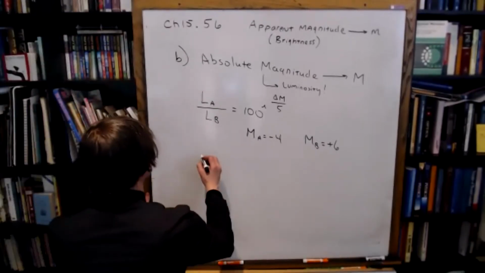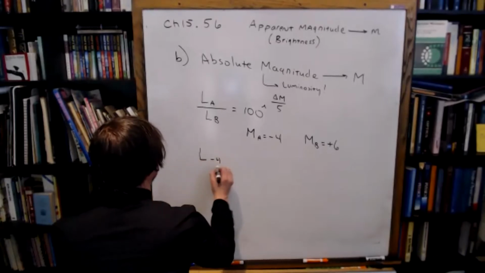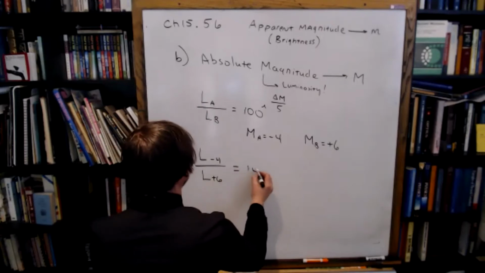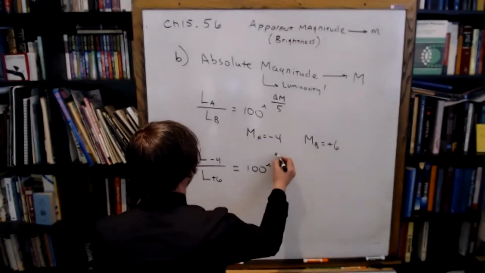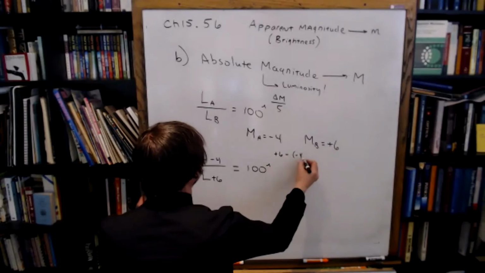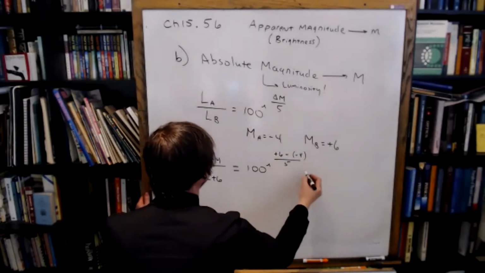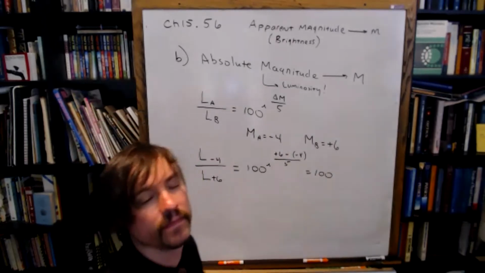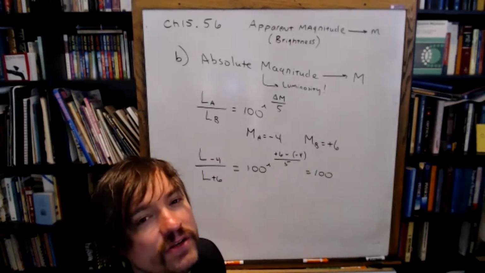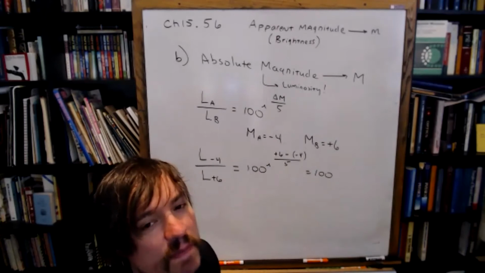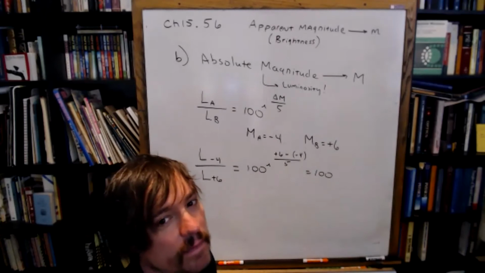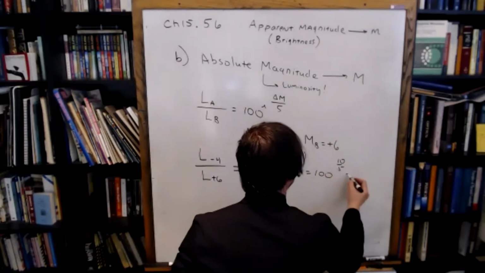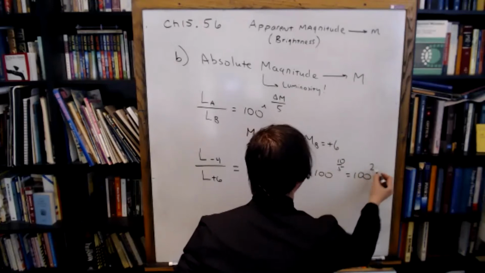Okay, so the luminosity of a -4 star to the luminosity of a +6 star is 100 to the power of +6 minus -4, divided by 5. We better do this one slower. What's +6 minus -4? 10. So that's 100 to the power of 10/5, which is 100 squared.